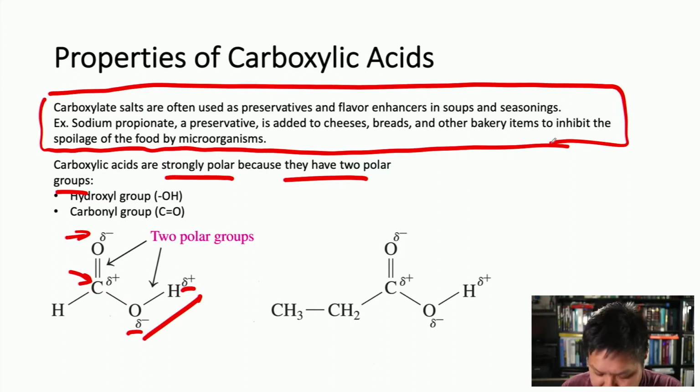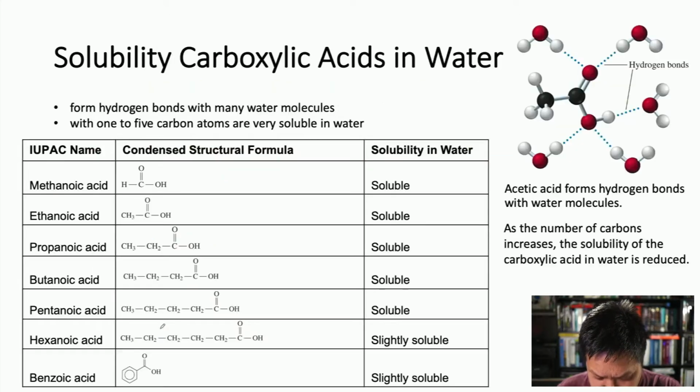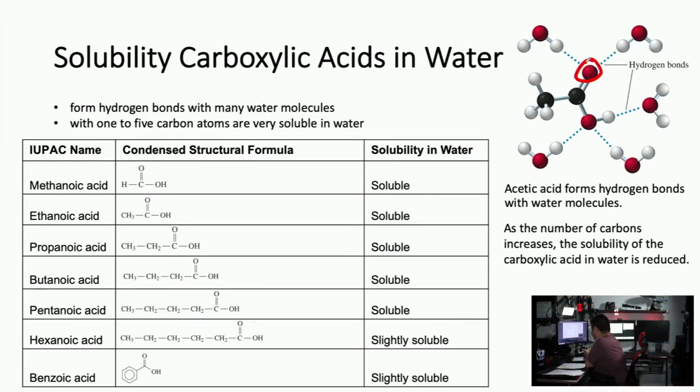So when we're talking about polarity, if something's superpolar, what does it usually mean? If it's superpolar, it is soluble in water. They're very soluble in water because they can form hydrogen bonds. The oxygens of the carbonyls are partially negative, and they can form hydrogen bonds with the partially positive hydrogens of the water.